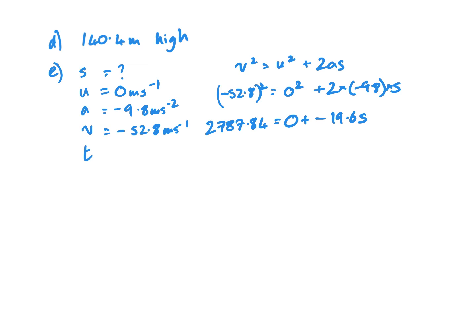Now, if I divide both sides by minus 19.6, I am going to end up with a negative answer. And once again, that's not surprising.